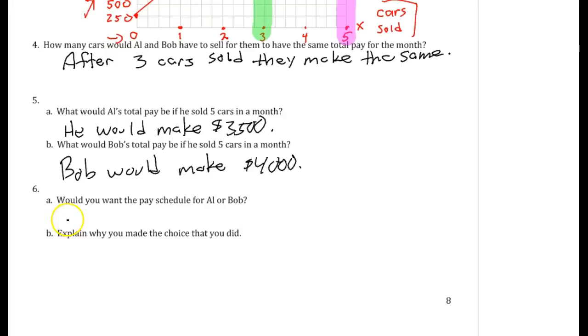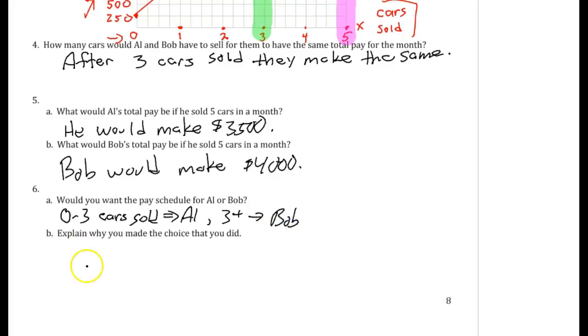So going back down to here, that's what you want to consider. Yeah, for 0 to 3 cars sold, Al makes more money, but then for 3 or more cars sold, that's when Bob makes more money.